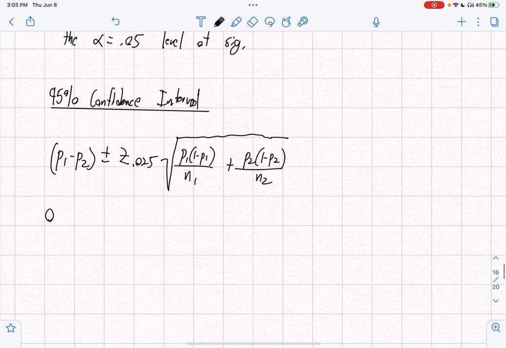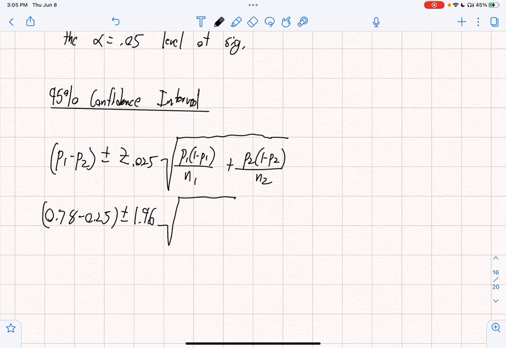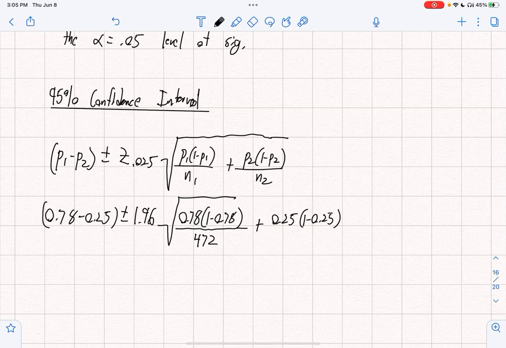So plug in 0.78 minus 0.25 plus or minus 1.96 times the square root of 0.78, 1 minus 0.78 over 472 plus 0.25, 1 minus 0.25 over 430.